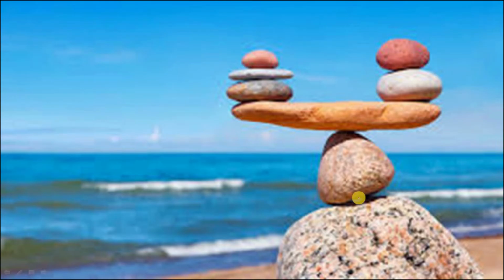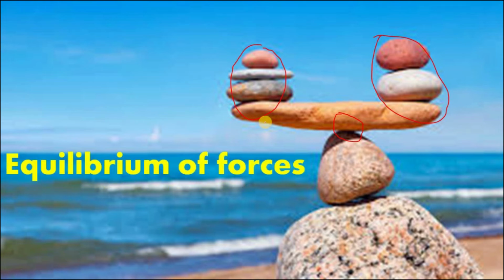Look at this picture. Here this rock is the pivot, and two forces are balanced here. So how is it happening? The moments of force are the same. So this system is called in equilibrium. Let's check it out. What is equilibrium of forces?